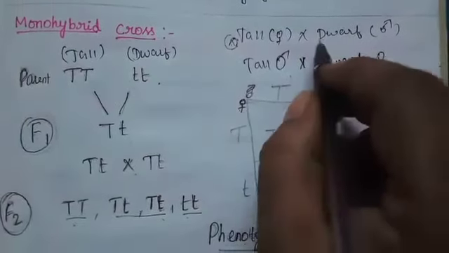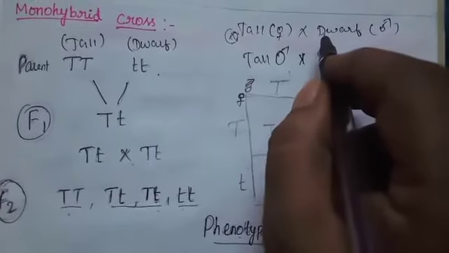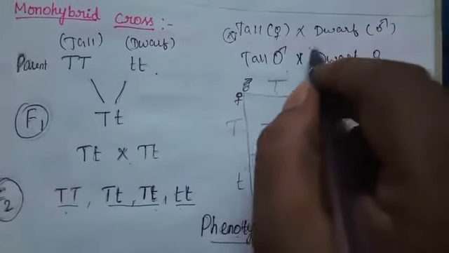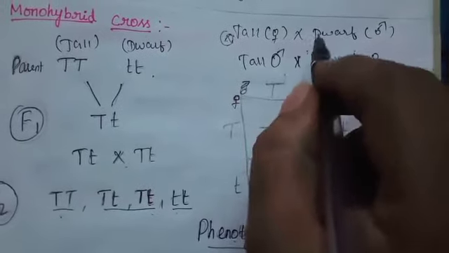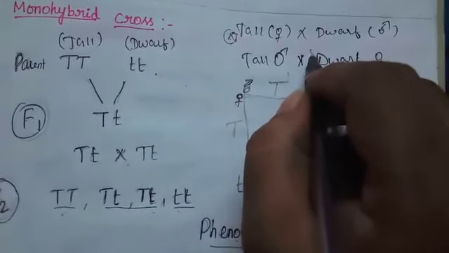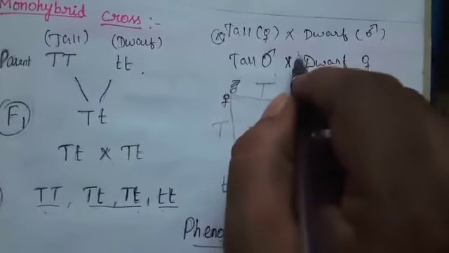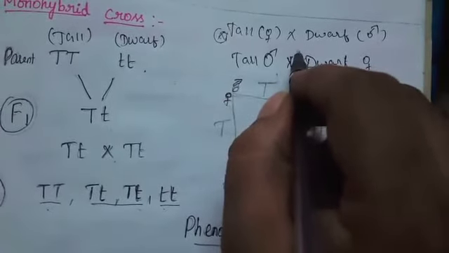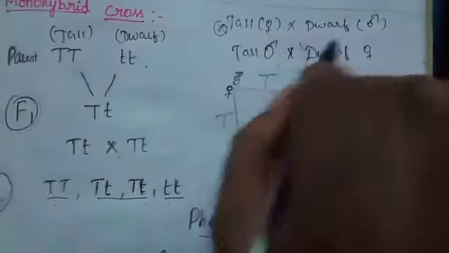Mating is done in both ways, which is called a reciprocal cross. The results of reciprocal crosses are the same, so there is no sex dependence. The results of Mendel's monohybrid crosses were not sex dependent.